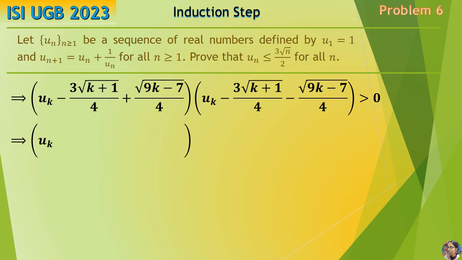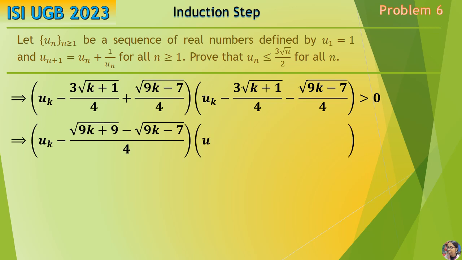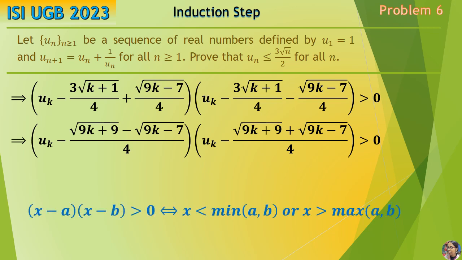This gives, here we use the fact x minus a into x minus b greater than 0 if and only if x less than minimum of a, b or x greater than maximum of a, b.